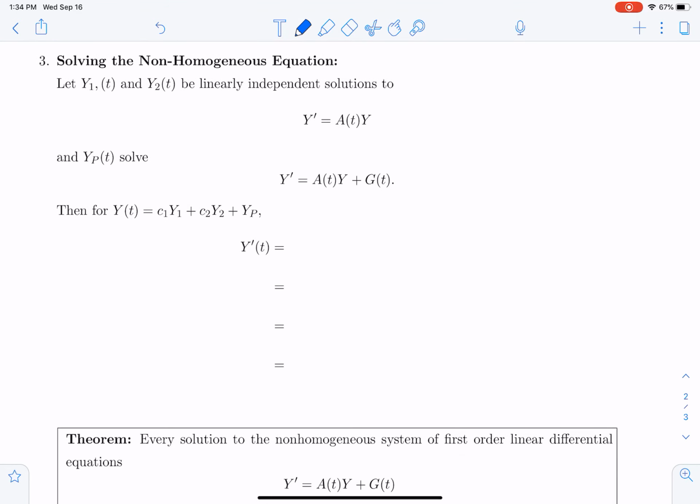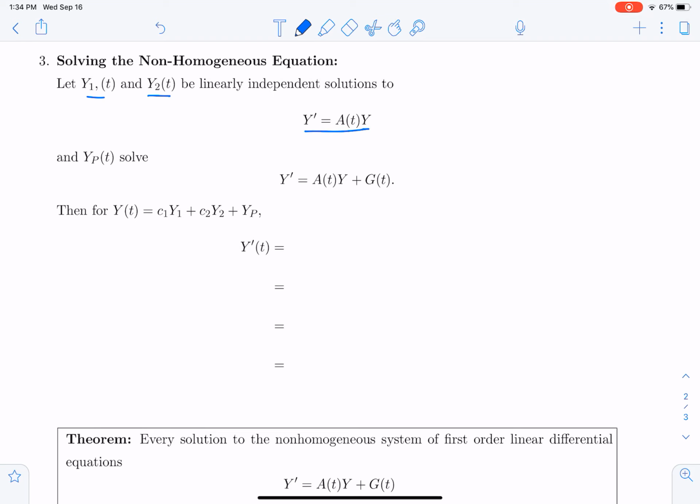So again, like our second order linear differential equations examples, once we solve the homogeneous problem, that will be part of the solution, and then we'll also want to find at least one particular solution to the non-homogeneous problem. So we'll start with y1 and y2 being linearly independent solutions to our homogeneous problem.